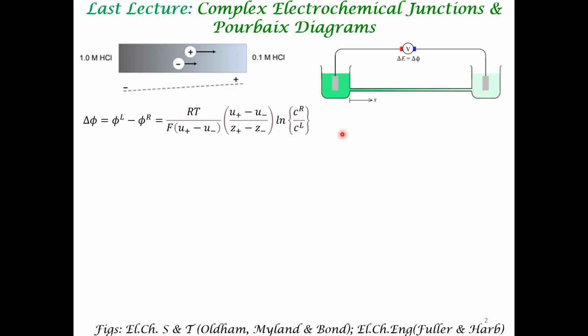It's not zero, but the magnitude is small. By itself, it may not lead to generation of a Faraday reaction. Just because there's a liquid junction potential, you may not expect an electrochemical reaction, because the magnitudes are relatively small compared to what you can achieve via an external power source and so on.